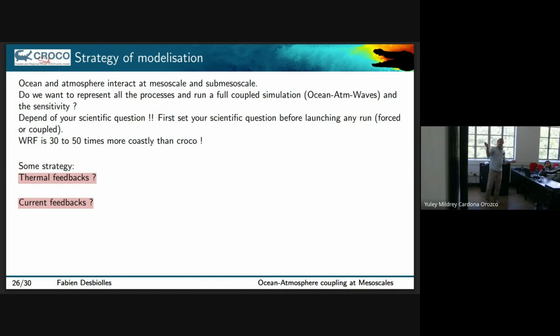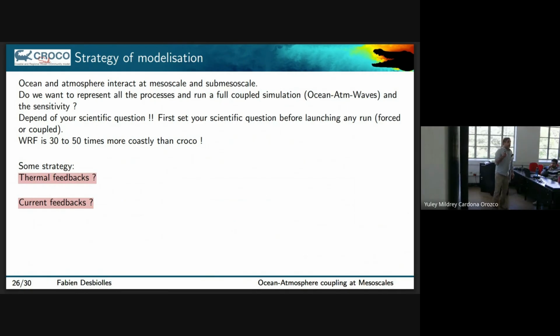So here I propose some strategies. Once again, it depends on your scientific question. But what would be the strategy to take into account thermal feedback or current feedback in a lighter way, meaning without the big machine of WRF and CROCO coupled with waves, etc.?